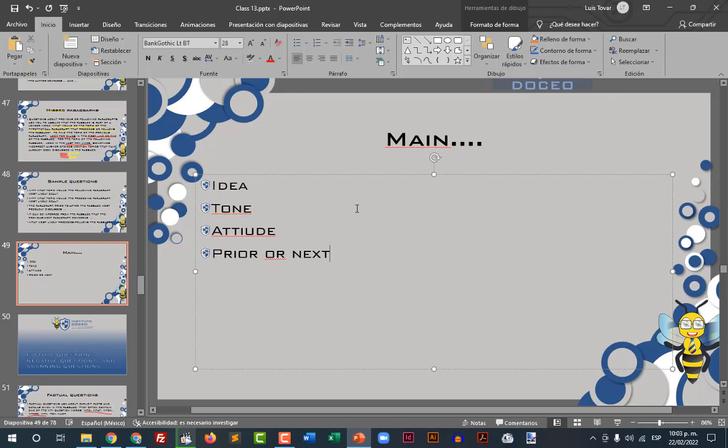La actitud del escritor, si el escritor opina que está de acuerdo o no, qué podría hacer el escritor más adelante, si el escritor estaría de acuerdo con X o Y ley o situación, etc. Y por último, para imaginarnos cuál podría ser el párrafo anterior o el párrafo siguiente de la lectura. Para poder responder todas estas preguntas tenemos que entender toda la lectura. ¿De acuerdo?